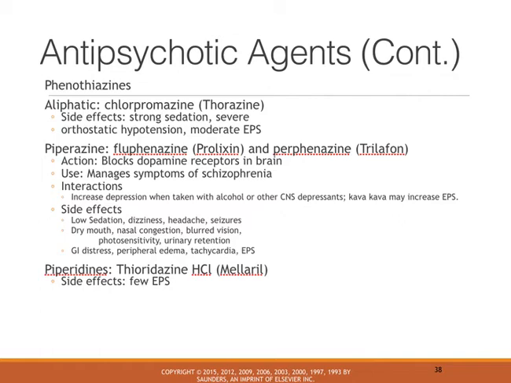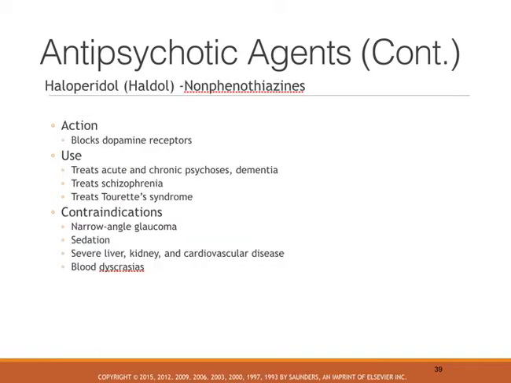And then let's look ahead to the next slide. Haldol, we're circling back to that one. That's that typical antipsychotic that you want to be familiar with. It blocks dopamine.